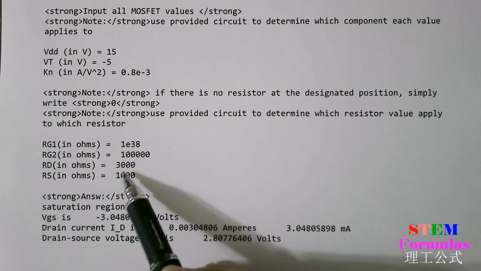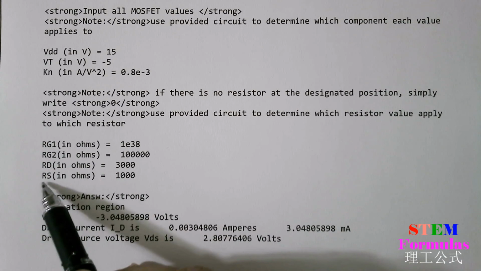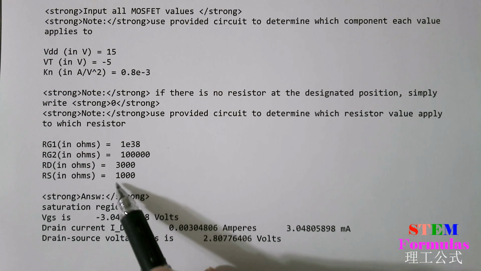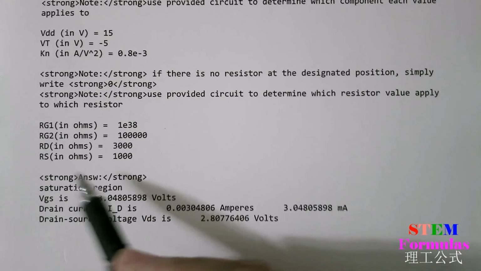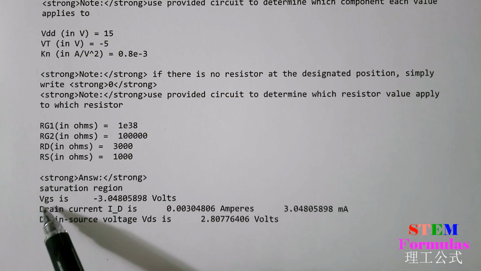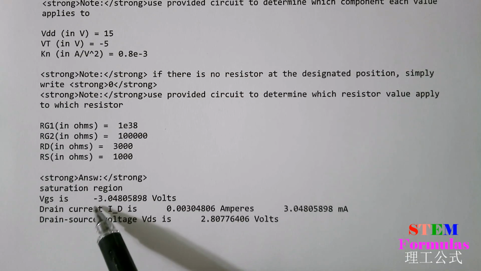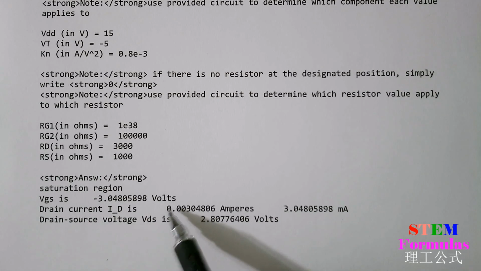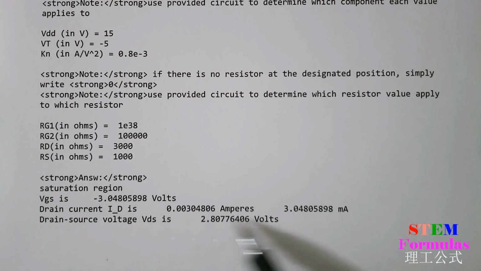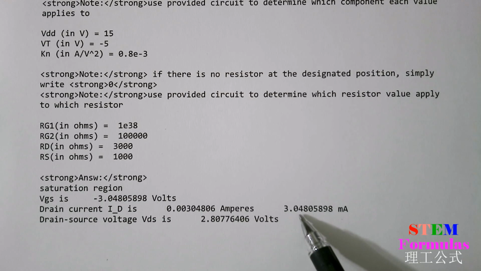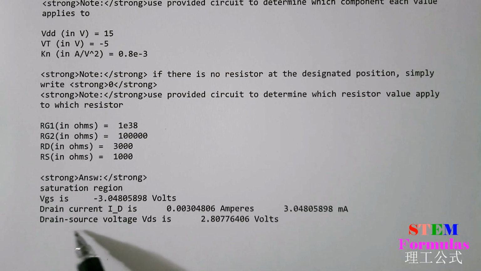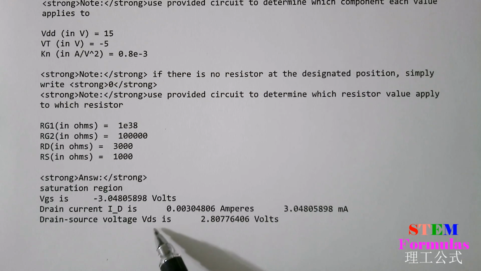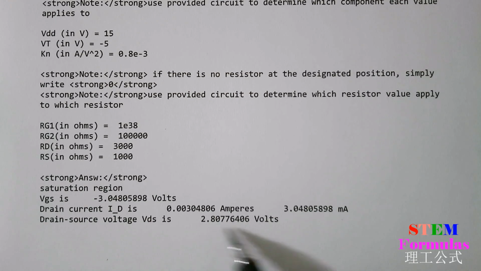RD equal to 3000. RS equal 1000. Here we get the answer. VGS equal to minus 3 volts. The drain current equal 3.048 milliamp. And drain source voltage VDS equal 2.8 volts.